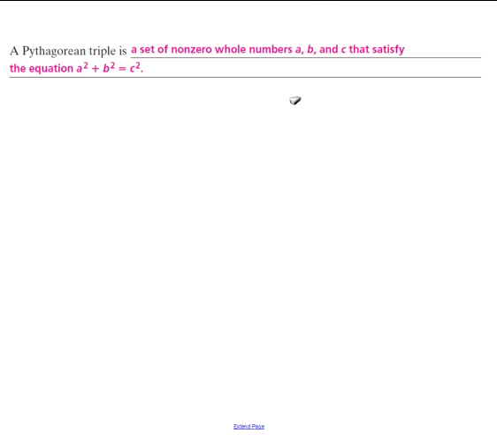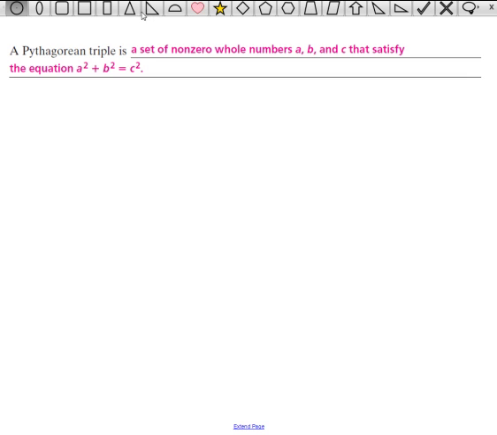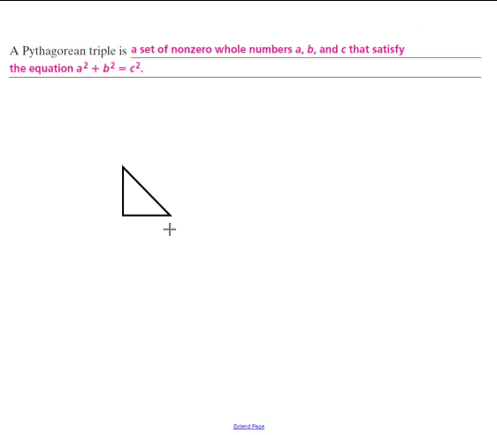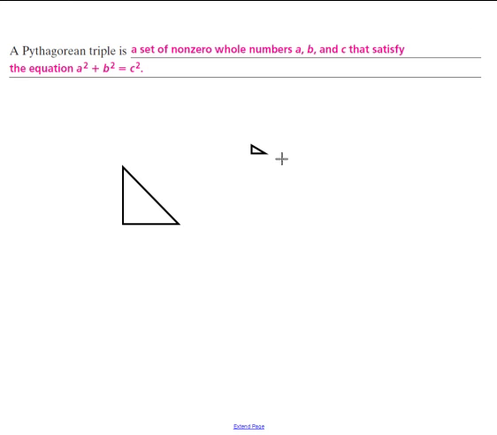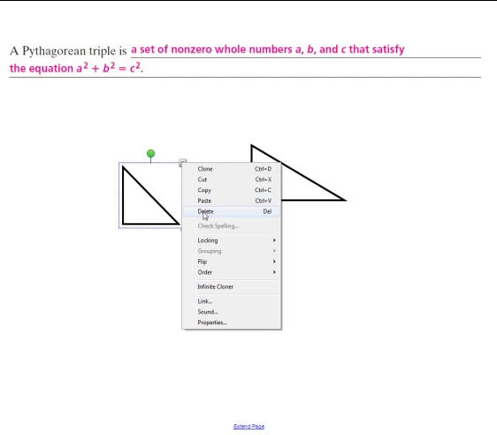So the most common one that most people come across, this is not the best triangle, let's do this one. This one over here was isosceles. We don't want isosceles, so we'll get rid of the isosceles triangle.